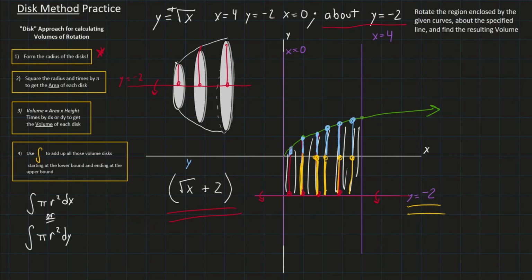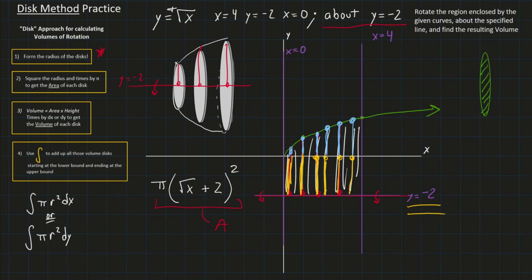I mean, yeah, you always want to test your equation throughout your entire little area here just to make sure it's always going to work. You never know. But we know that it's working now. Nothing crazy is happening. So this gives me the radii of my disks. So of course I just want to square each radius times it by pi. That will give me the area of each one of these disks.